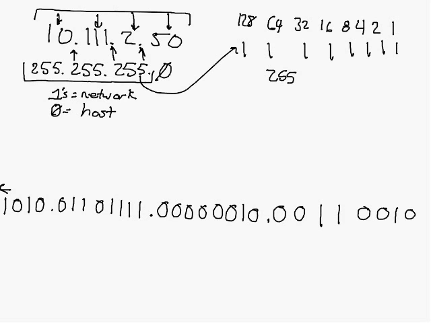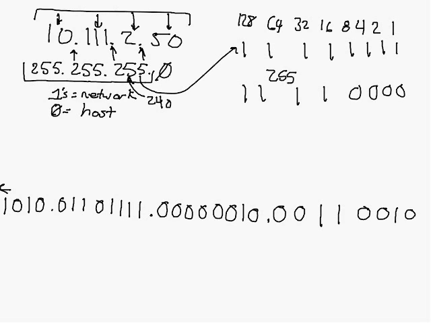It doesn't have to be 255. At least the last octet here, it could be something like 240 if that was the design, and that would be this in binary. But in our case, it just happens to be that all the first three octets are all binary ones. And a subnetwork mask is useful for determining which portion is network and which portion is host. That's all a subnet mask is for.